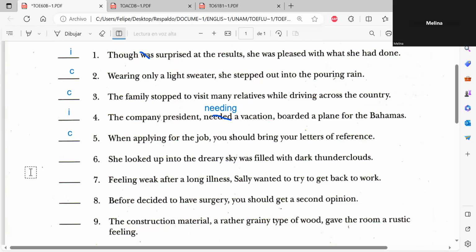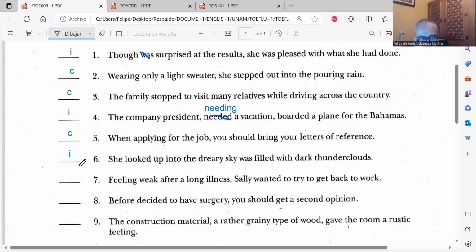He looked up into the dreary sky was filled with dark thunderclouds. Okay, it's pouring. I think it is incorrect. But you just have to eliminate one thing.